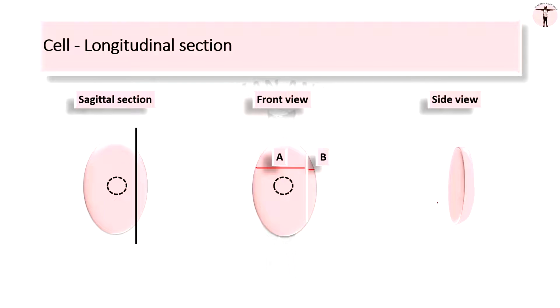As the section passes towards the periphery, in most cases the size of the cell, depending on its shape, and of the nucleus reduces towards the periphery of the cell. So basically, what you need to understand is that the appearance of the cell depends on the plane of section.